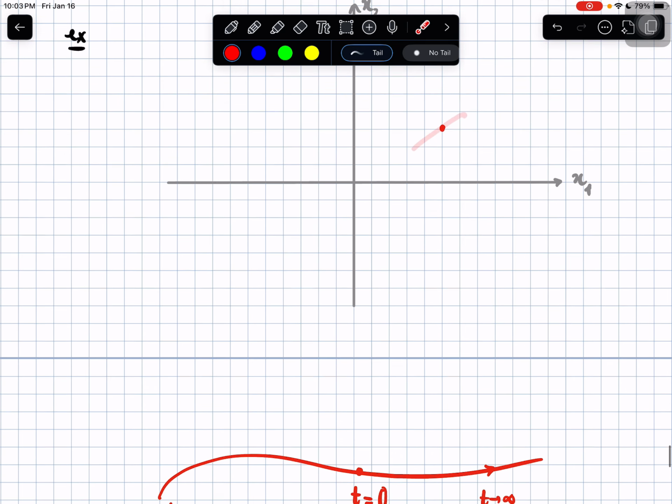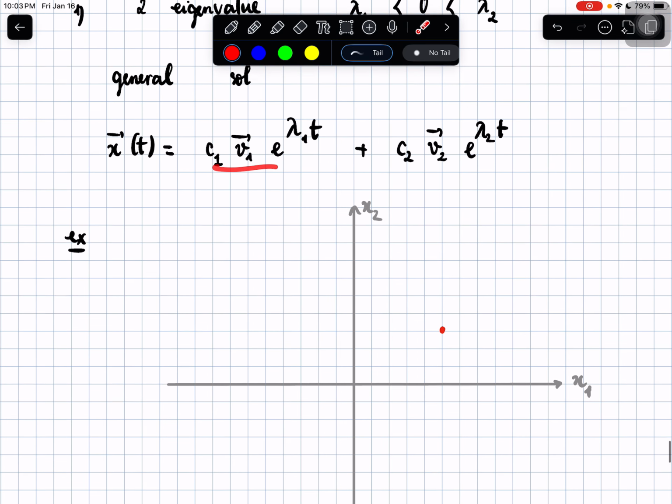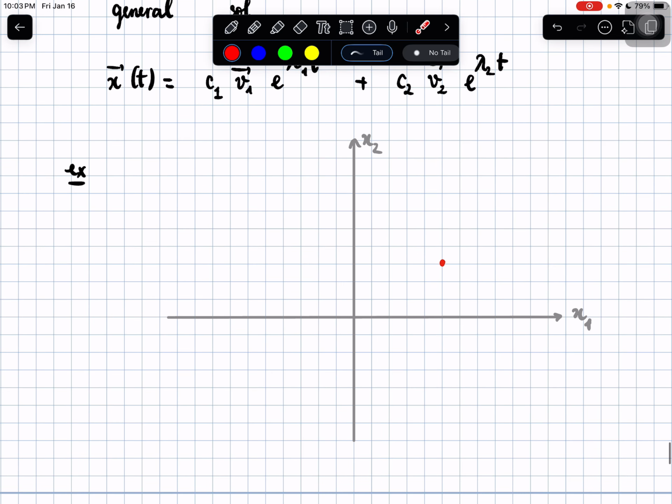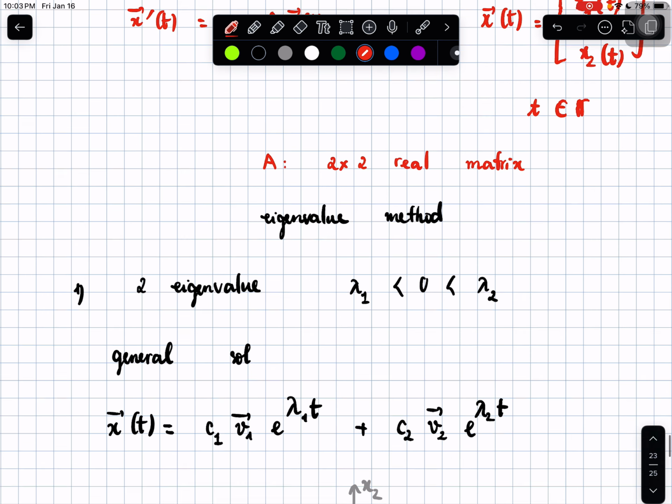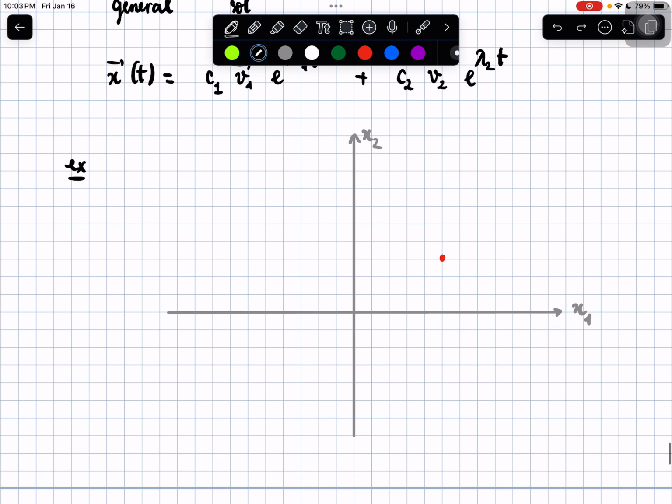Let's look at an example where lambda 1 is negative, say minus 1, and lambda 2 is positive, say 2.